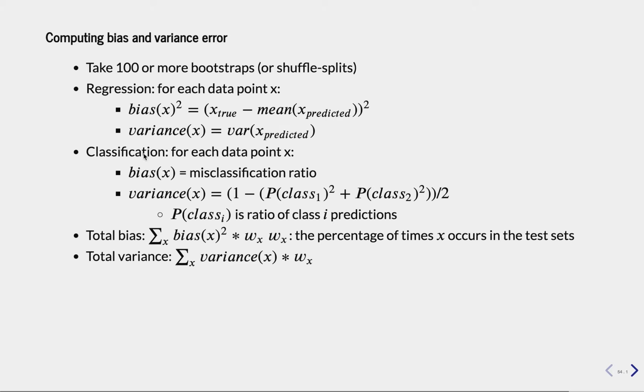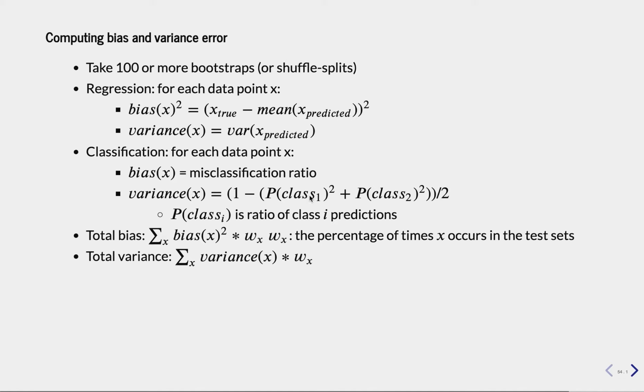For classification, we again look at each point, which is again predicted a number of times. Right? The bias there is simply how many times this point is misclassified every time it occurs in a test set. And for variance, it's a bit more complicated. We look at the probability of having class 1 and the probability of having class 2.